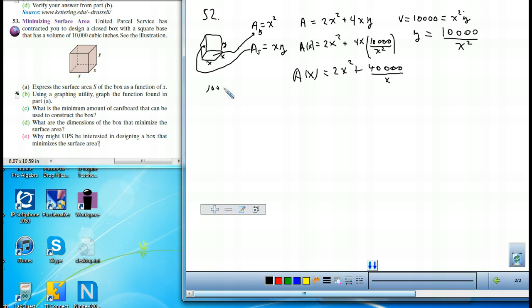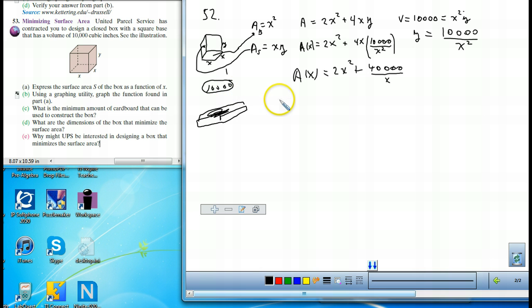That means the base is 100 and it would be one high, right? Do we think we would want a box that looks like that? I don't think so. That's a crude box, but you get the idea. But x of 100 wouldn't be a bad start, right?